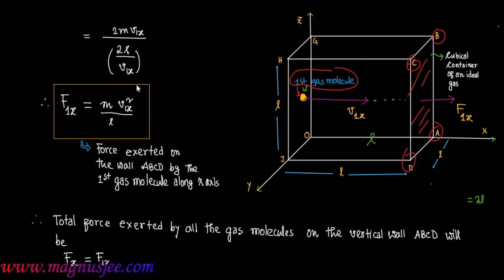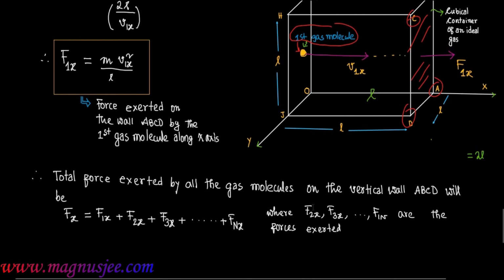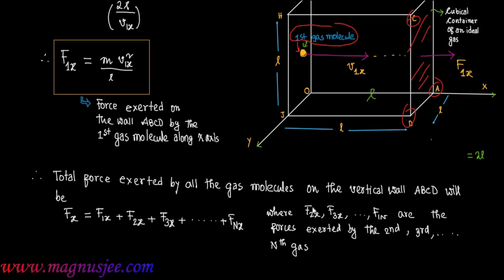will be Fx is equal to F1x plus F2x plus F3x plus dot dot dot plus Fnx, where F1x is, as you know, the force exerted by the first gas molecule, and F2x, F3x, Fnx are the forces exerted by the second, third, nth gas molecule on the vertical wall ABCD along x-axis.